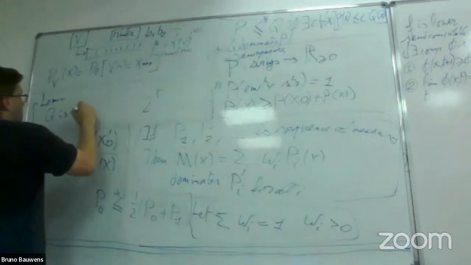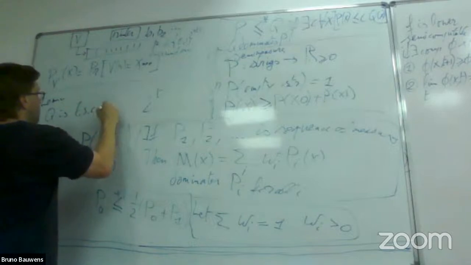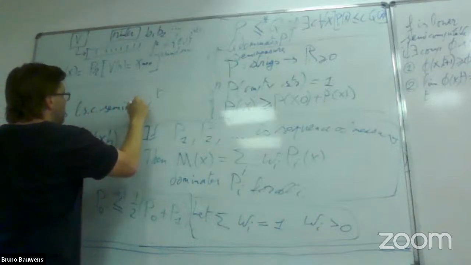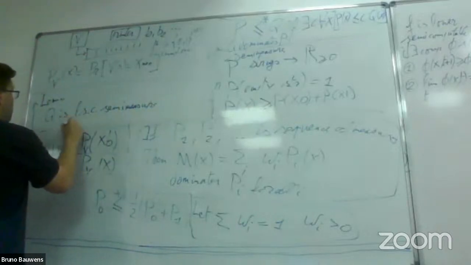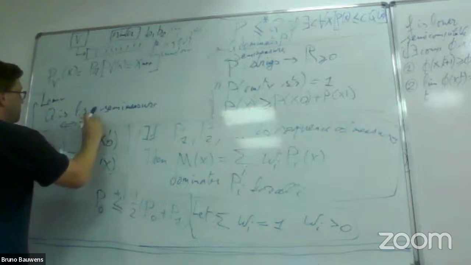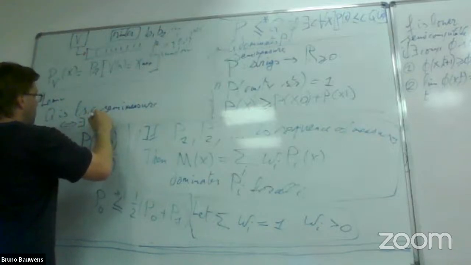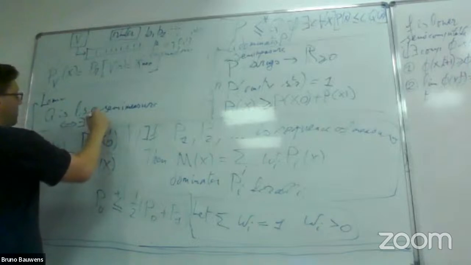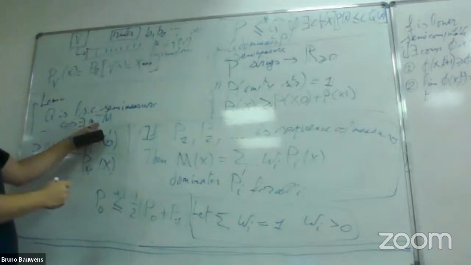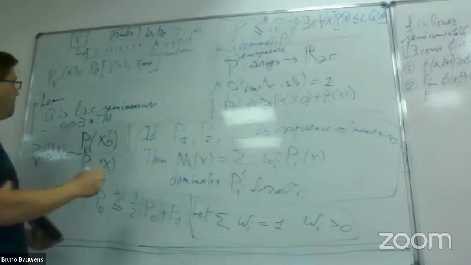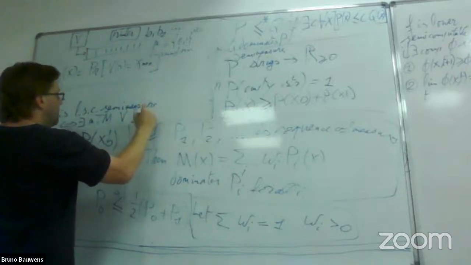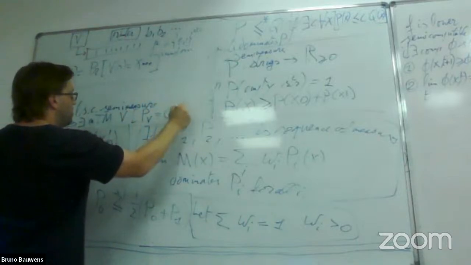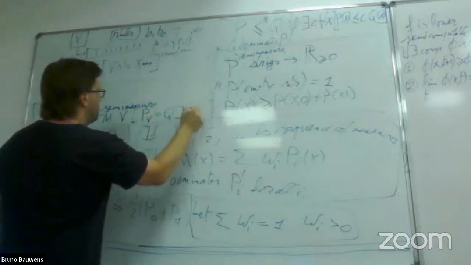Q is a lower semi-computable semi-measure if and only if there exists a monotone Turing machine, which I will abbreviate MTM, there exists a monotone Turing machine V such that P_V equals Q. So this is the lemma, there is an equivalence.